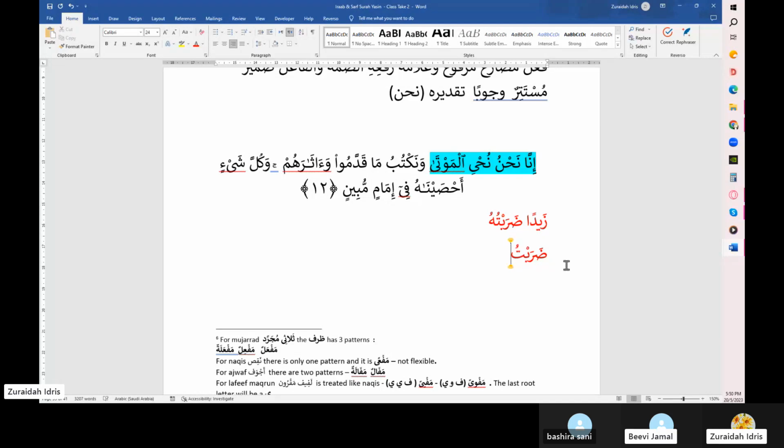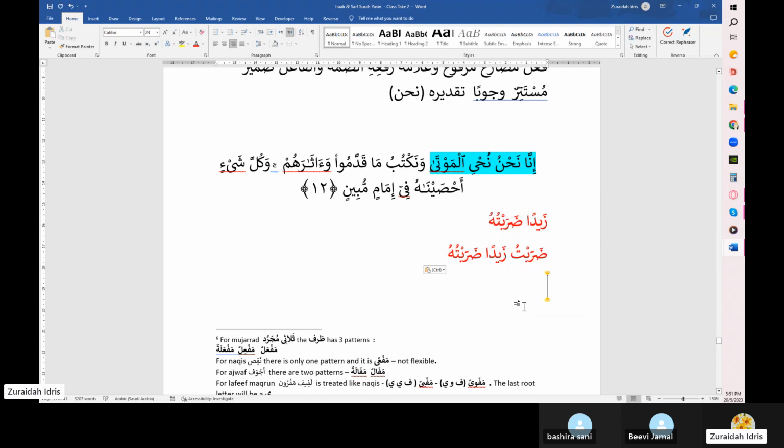If you see something mansub in a jumlah fi'liyah, but the fi'il is already acting on something, and it comes before it, then this is probably what has happened. It is like emphasizing the repetition.